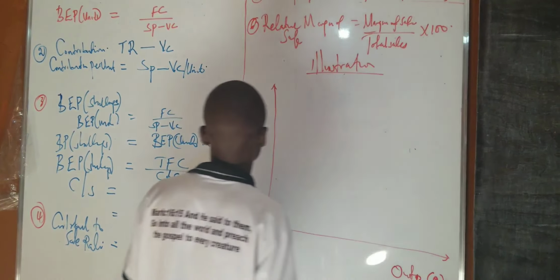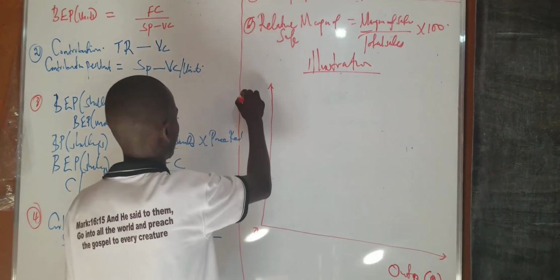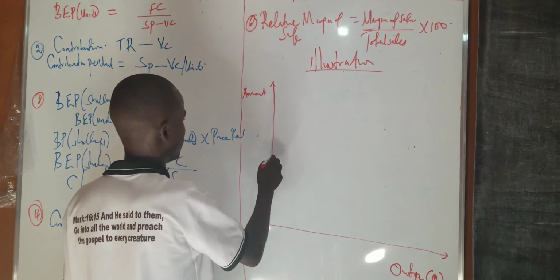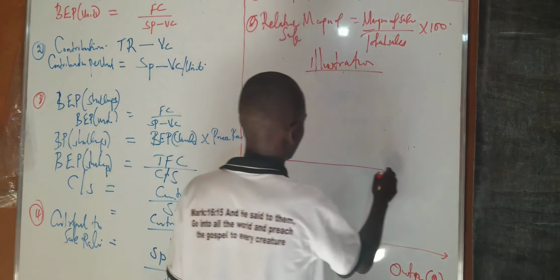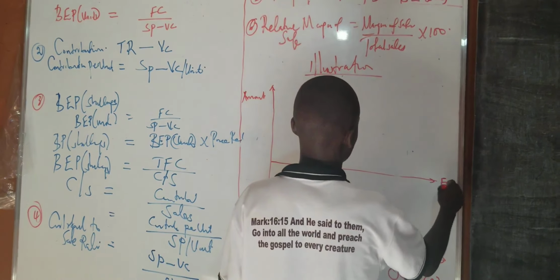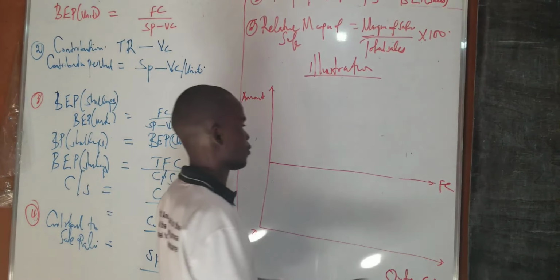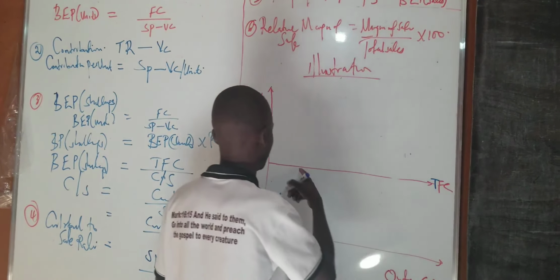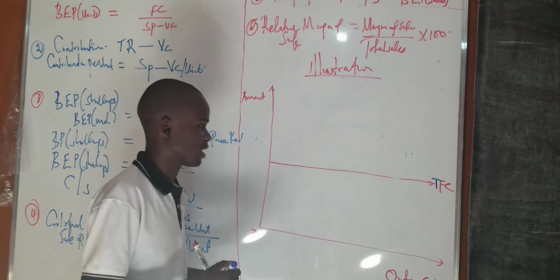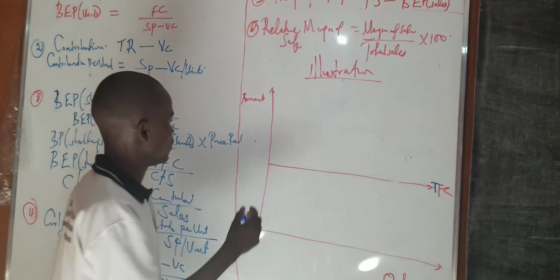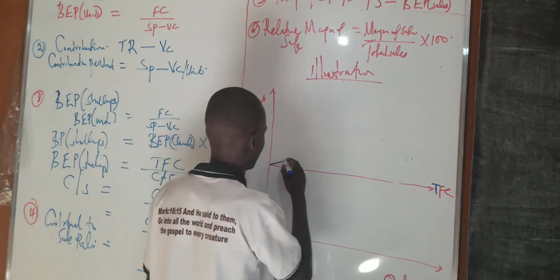So this is the amount. Under this we begin with the fixed costs. The fixed costs are constant, either fixed costs or total fixed costs. That's why at any level of output, they are constant. They do not change.